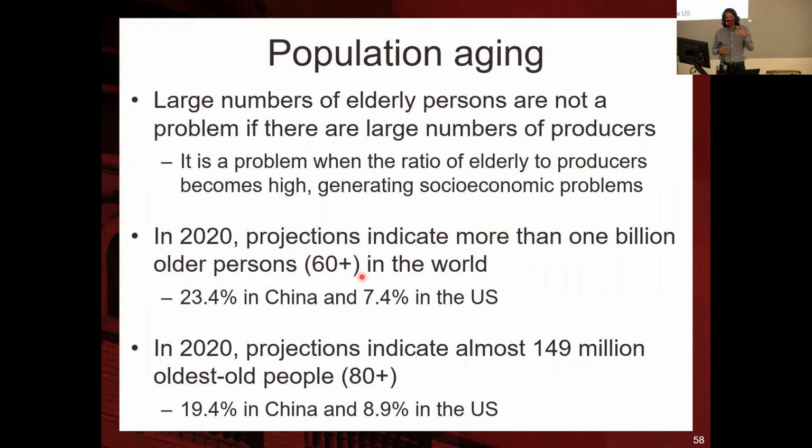And more than 20% of these people with at least 60 years of age are in China. And around 7.4% in the US. If you look at the oldest old age group, in this case people with at least 80 years of age, we have right now in the world almost 150 million people with at least 80 years of age. And 20% of them are in China. And around 9% of them are in the US.